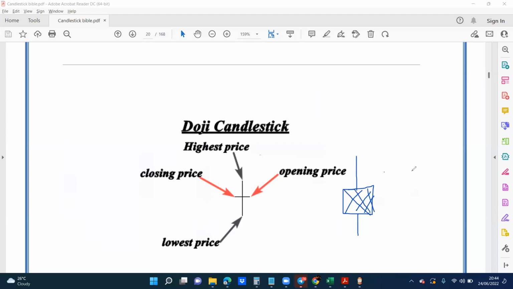But there are some instances where the open and close are exactly at the same price or just not too far away. We call this a doji. In a doji, both buyers and sellers even out. Buyers didn't win, neither did the sellers win. It's a stalemate.